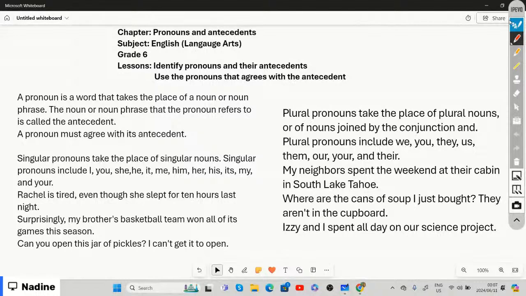And we said that our pronoun needs to agree with the antecedent.